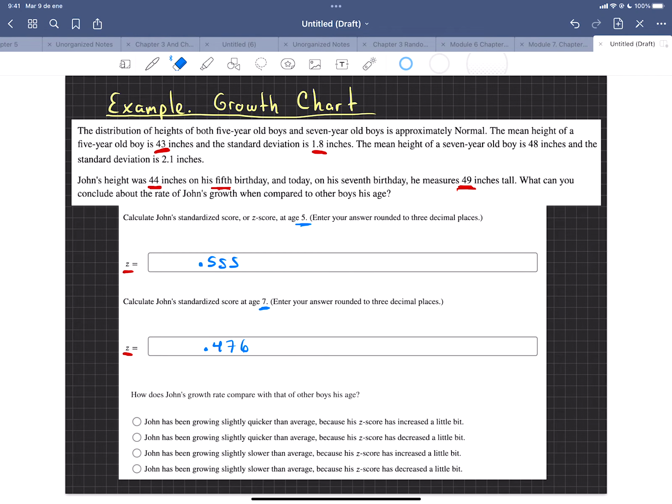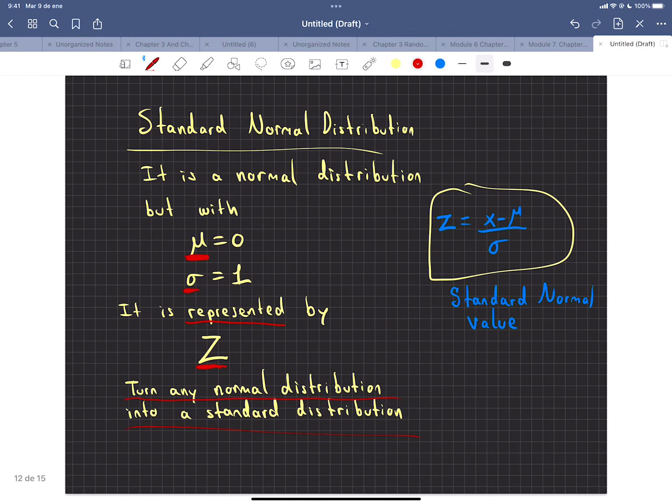It's this one. It goes from 0.556 to 0.476. All right.